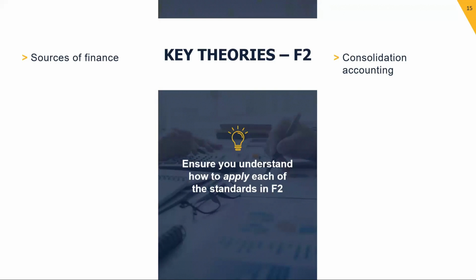So being able to explain in words, now that's very different from the skill you needed to pass the F2 objective test exam, or the skills you needed in FLP when you were tested on this area. So being able to write in words to explain to a reader. IFRS 15 and how to account for revenue.